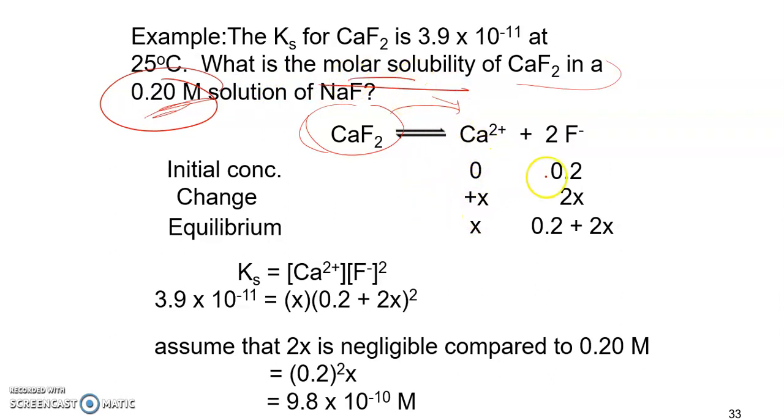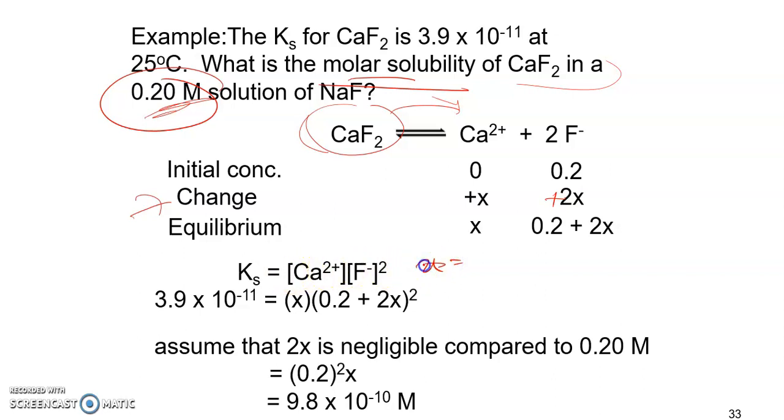So the initial concentration is 0.2 for F- and 0 for Ca2+. The change, because we already have some F-, is plus S and plus 2S. At equilibrium it will be S and 0.2 plus 2S. From there we can find the S value.